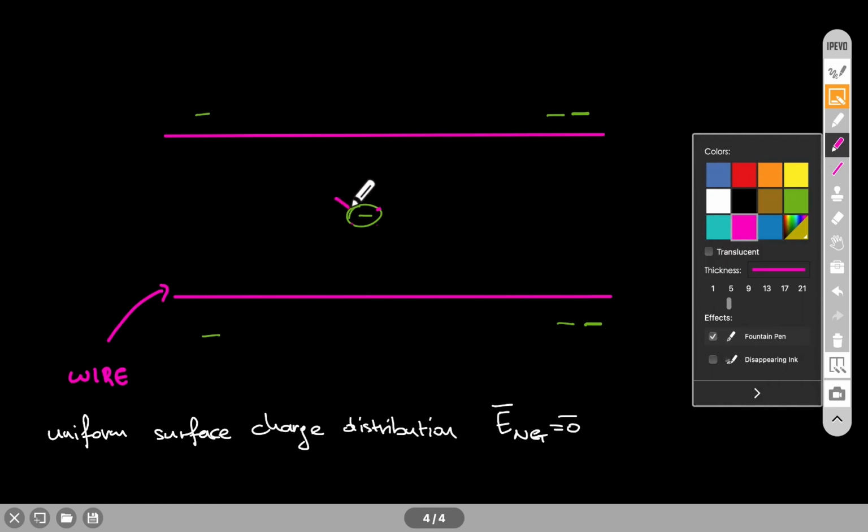I still have the same as before from those, but now I have a stronger electric field pointing that way, because I doubled those. If you add these 4 electric fields, now you will get a net electric field pointing to the right.